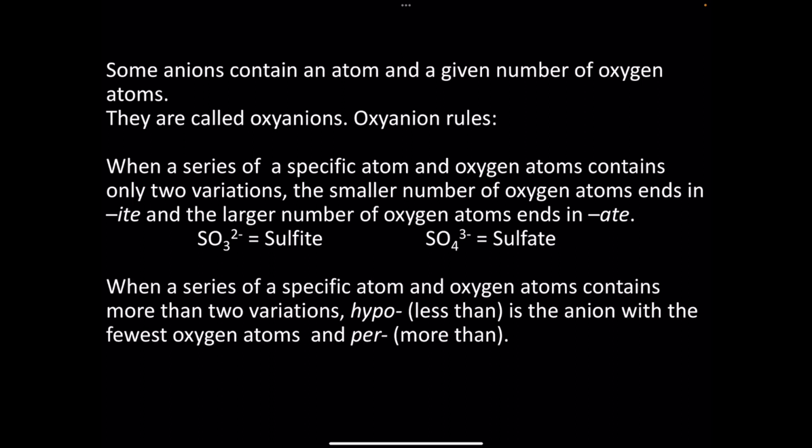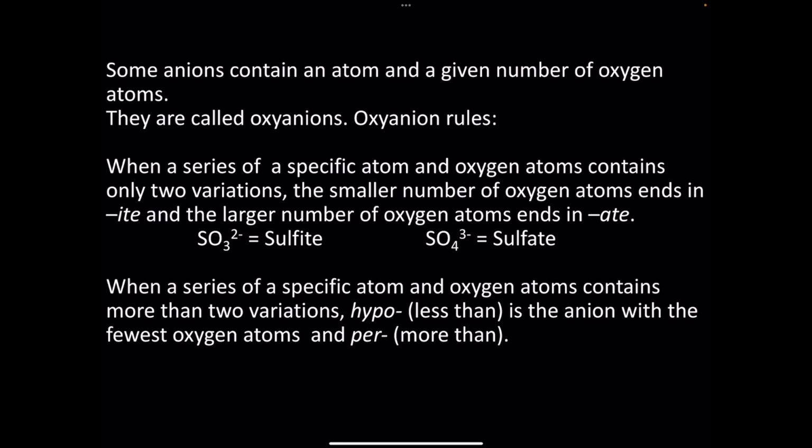Okay, when a series of specific atom and oxygen atoms contain more than two variations, you'll see some examples. The lowest gets hypo and ite, and the highest gets per and ate.